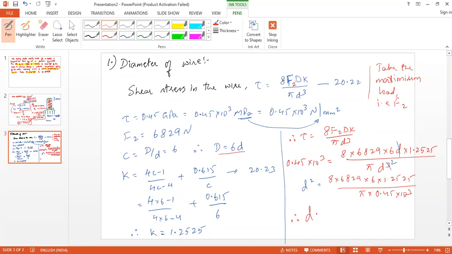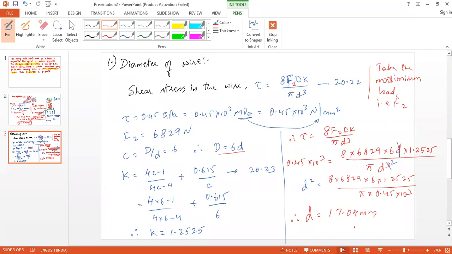Therefore, the diameter d is, so can you calculate the diameter d? Sir, 17 mm. So it is 17.04 mm. Good.